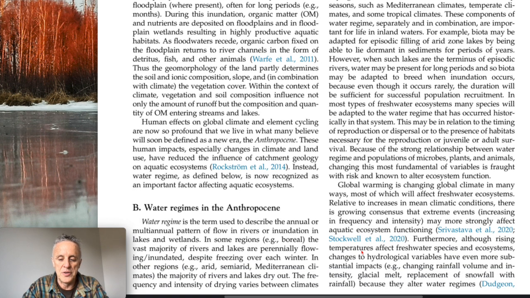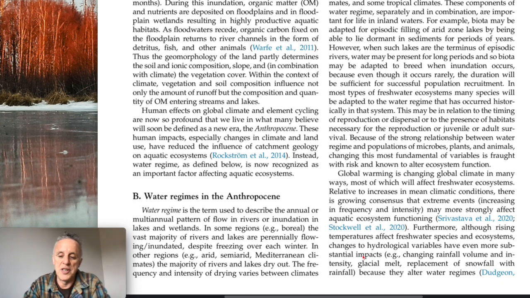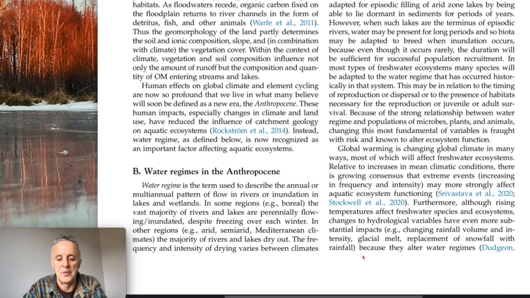Because of the strong relationship between water regimes and populations of microbes, plants, and animals, changing this most fundamental of variables is fraught with risk and known to alter ecosystem function. Global warming is changing global climate in many ways, most of which will affect freshwater ecosystems.